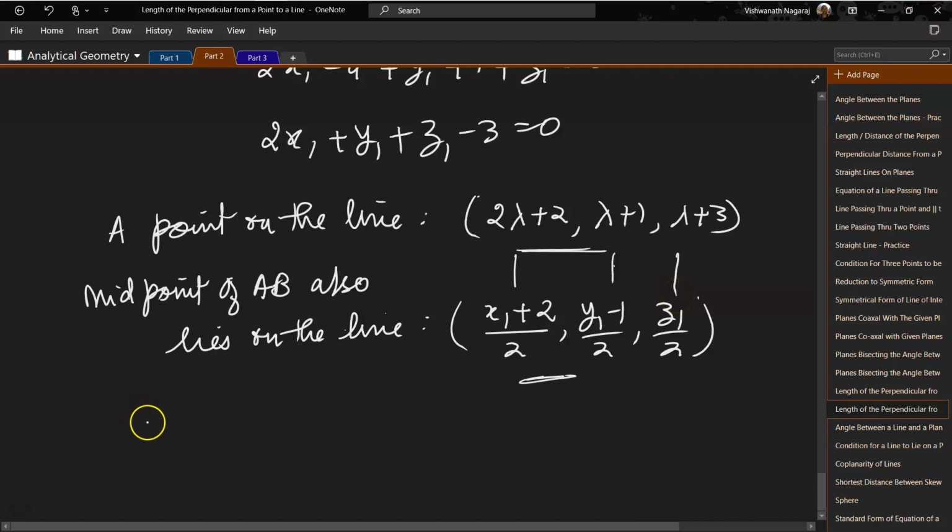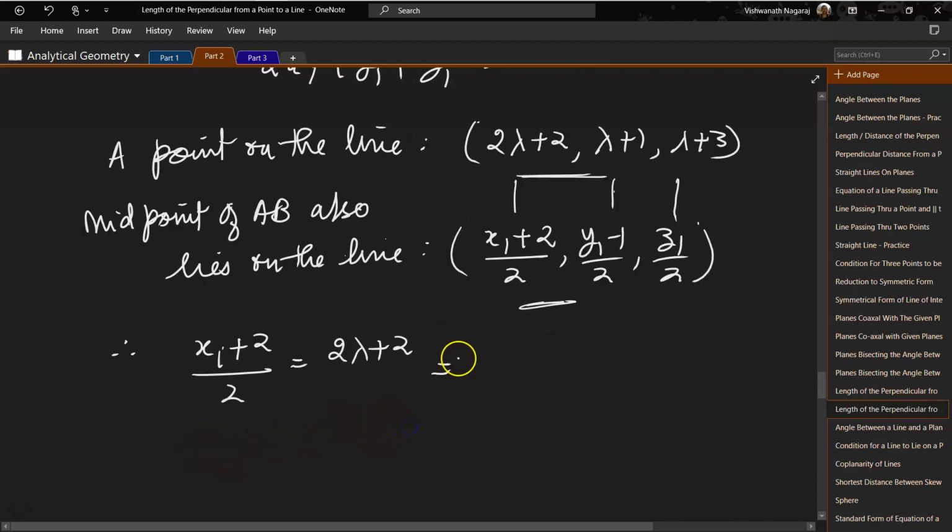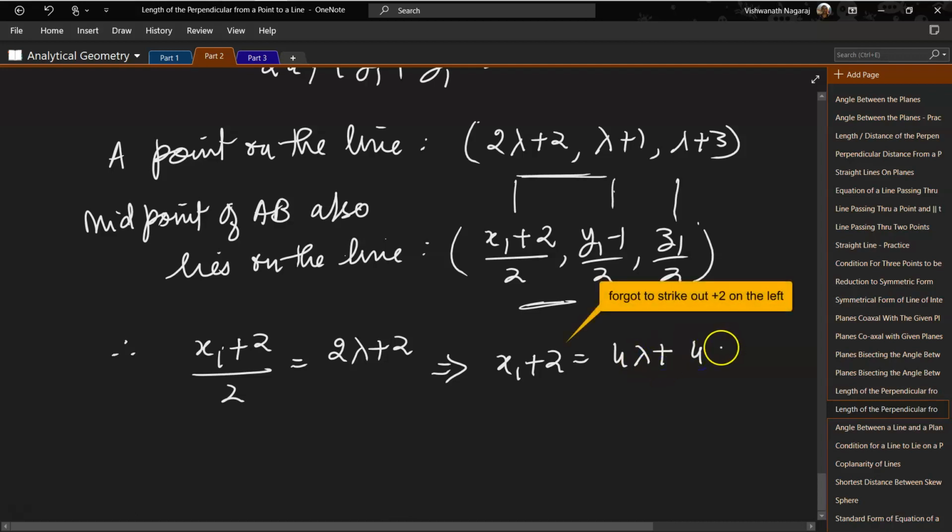So therefore (x1 plus 2)/2 is equal to 2 lambda plus 2, which implies x1 plus 2 is equal to 4 lambda plus 4, so x1 is 4 lambda plus 2.